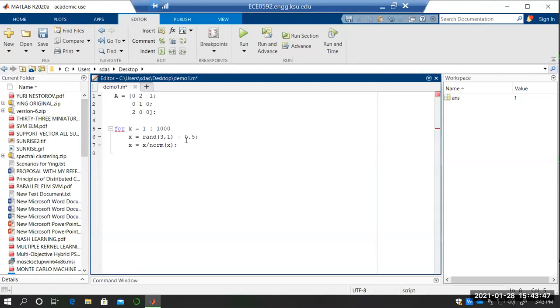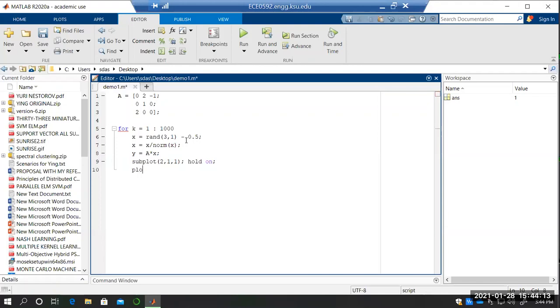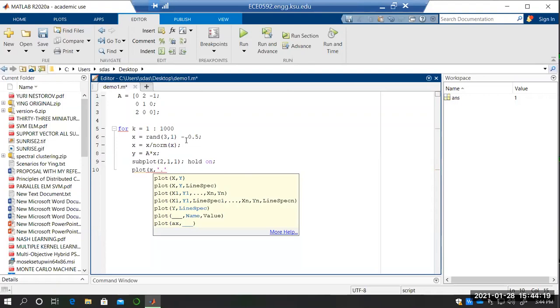Then Y equals A star X. Then subplot(2,1,1), hold on, then plot3 of X. Will this work? Oh, plot3.